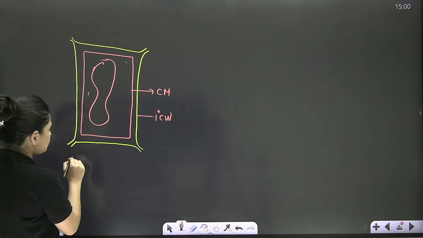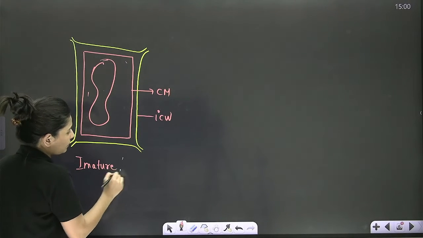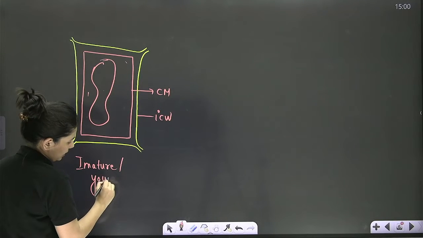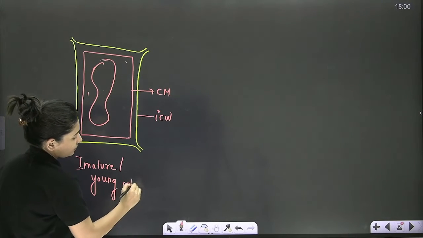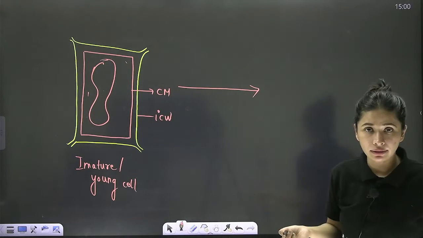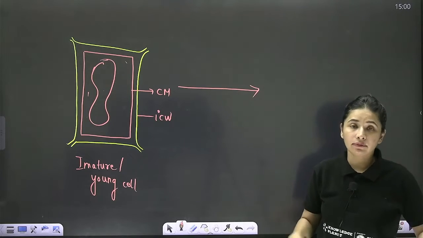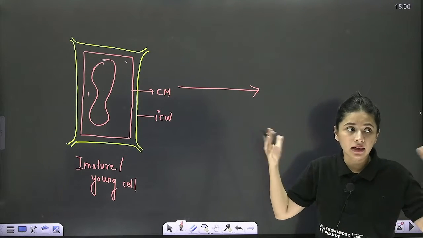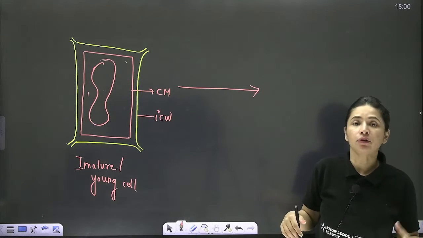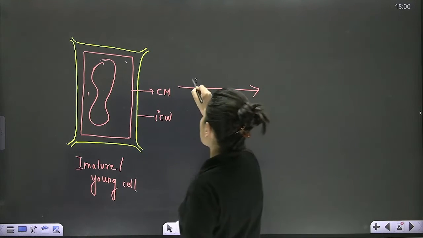Now, this is beta immature cell, right? Young, immature means young plant cell. Now, with time, this cell is going to mature, yes or no? This cell is going to grow in size and will become fully mature so that it can further perform functions and can further divide. So what happens beta?